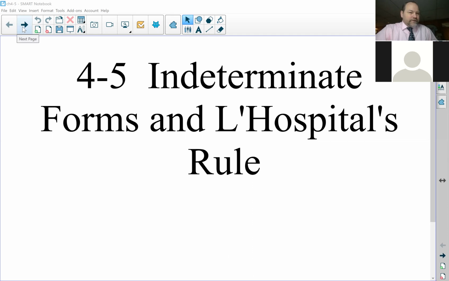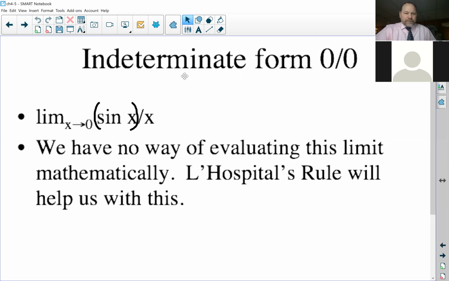We'll just take a look. So one indeterminate form is if you have 0/0. For instance, if we took the limit as x approaches 0 of sine x over x, sine of x at 0 is 0, x at 0 is 0. And there's no way to use algebra to eliminate the 0.